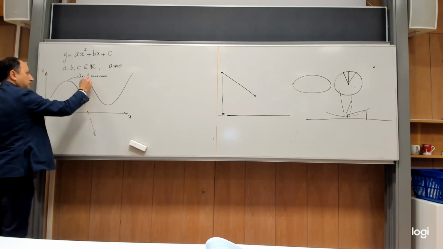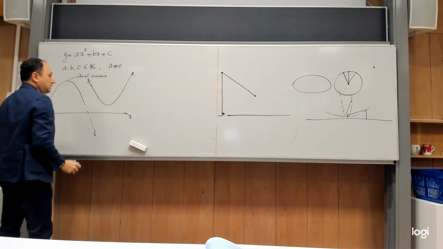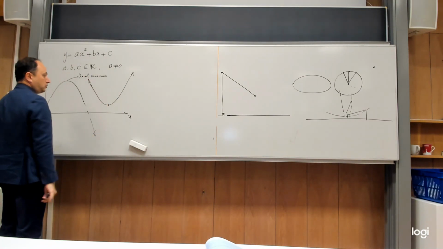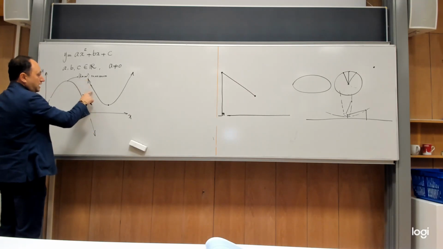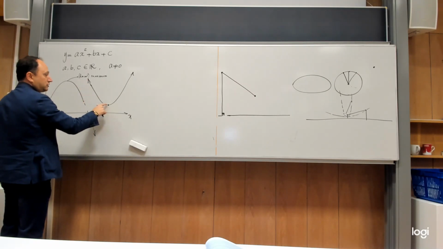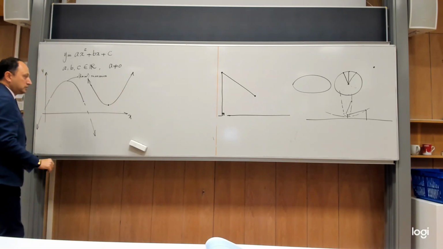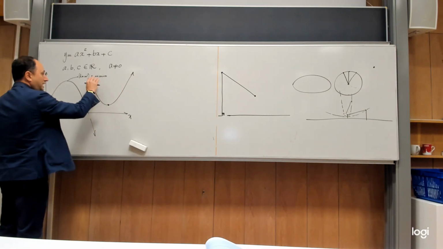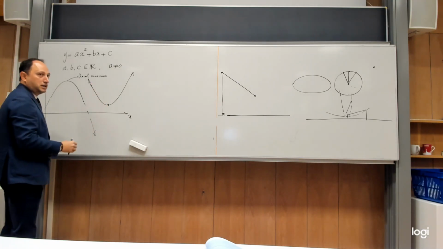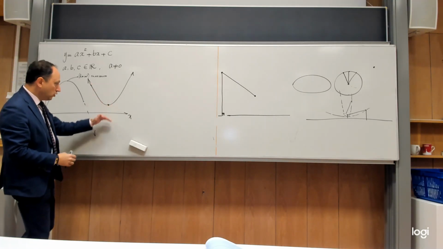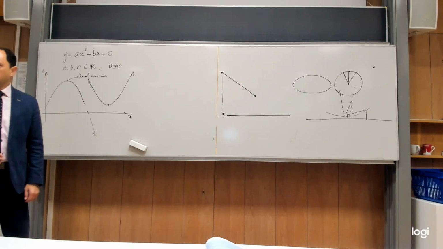Here you go down, down, down, and suddenly the graph turns around and then you go up. That's a good name again, turning point. But if I want to name it another way, I should call it minimum, yes? Because this is the lowest height of the curve of my graph.